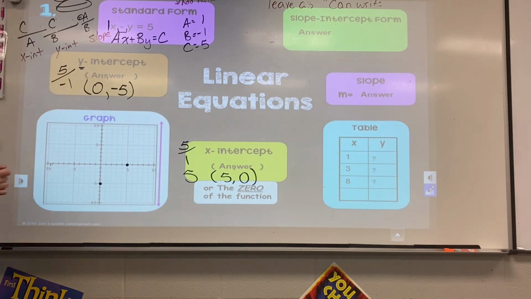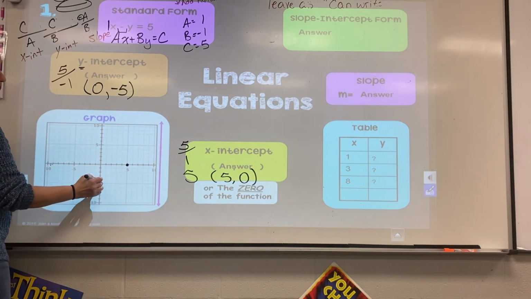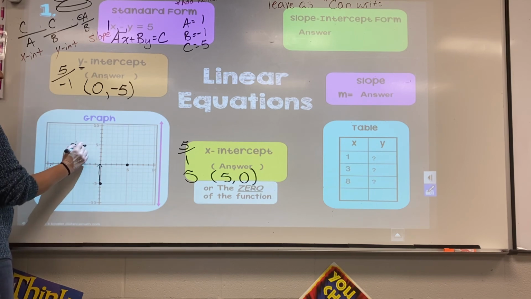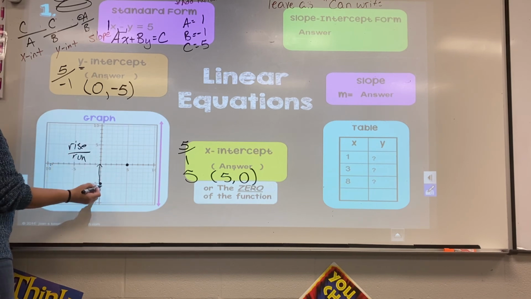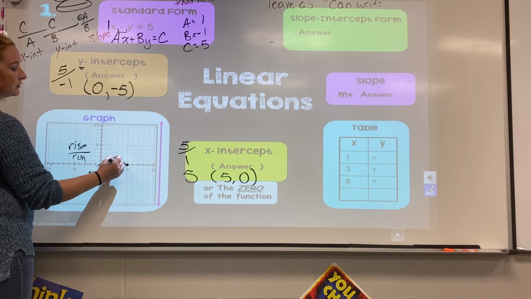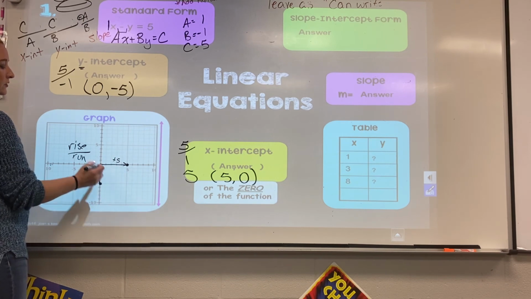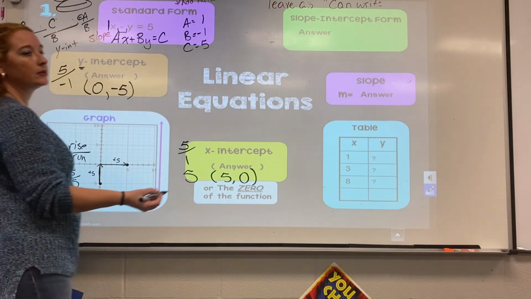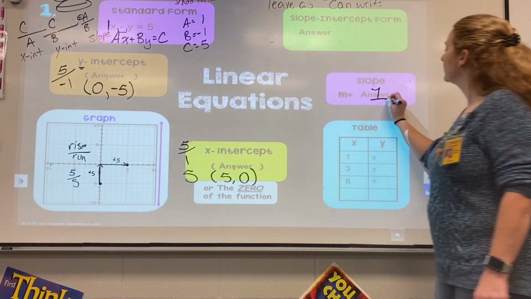Now to figure out the slope, we can use the shortcut, or I have 2 points, so I can do my rise over my run. So from this point up is plus 5, and then over is also plus 5. So my rise was 5 and my run was 5, and that reduces to 1.